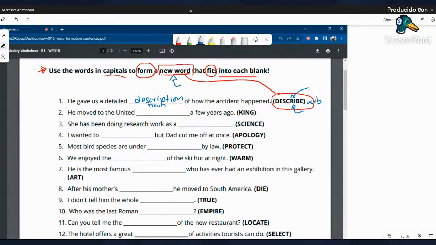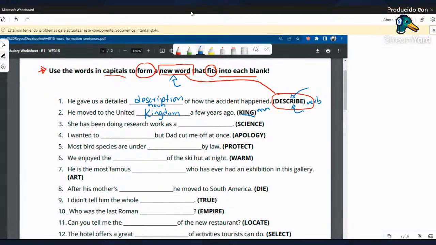Yes. Next one. Here we have, he moved to the United, I'm sorry, he moved to the United a few years ago. I need to form this one, king. It's a noun, so I need another form in order to write it. He moved to the United Kingdom a few years ago.